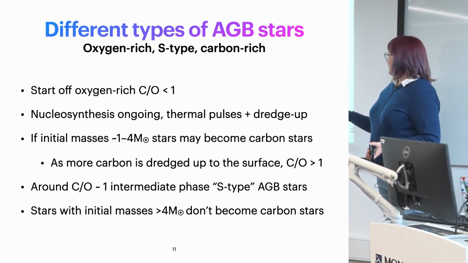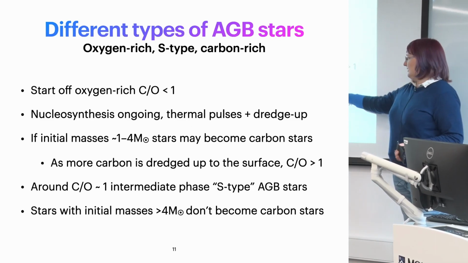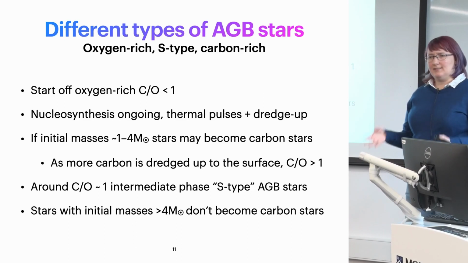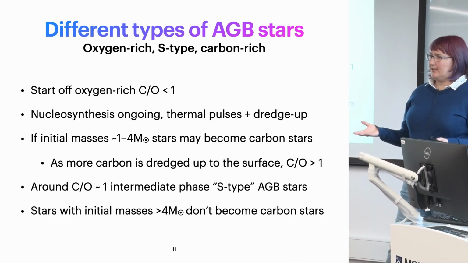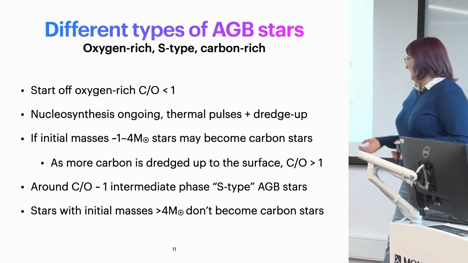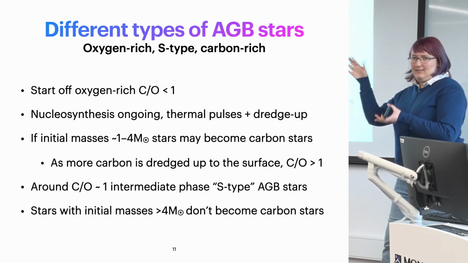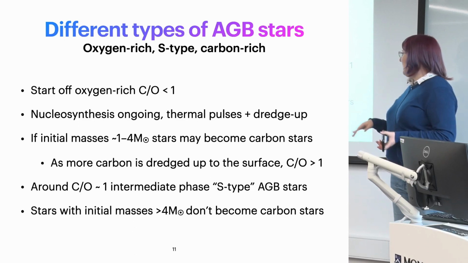So at some point, they go into this intermediate phase, the S-type phase. So the idea there is there's roughly equal amounts of carbon and oxygen present. Generally, actually, still slightly less carbon, but it's like in the 90% up to 1-ish.